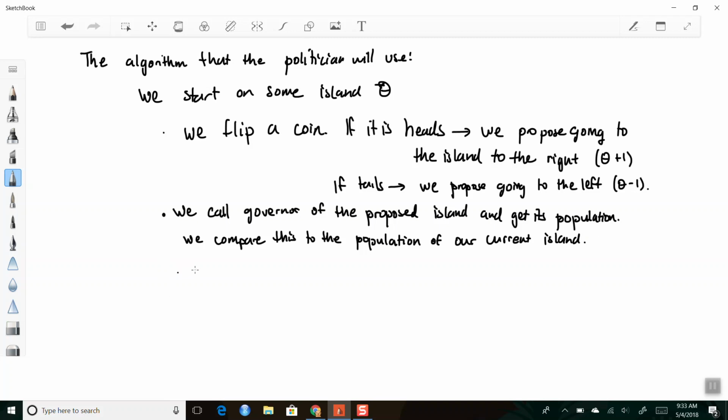All right, so if the proposed island has a larger population, we will travel to that island for sure.